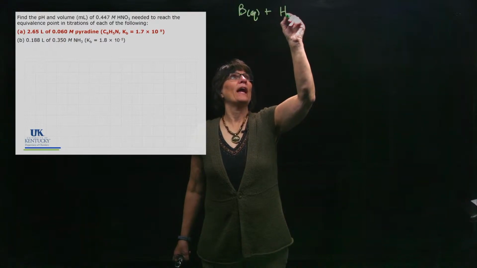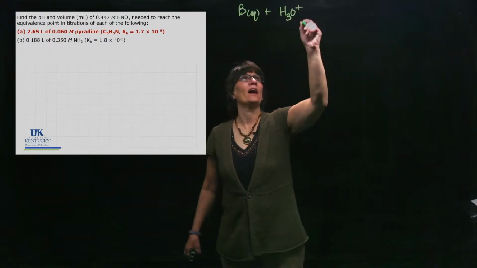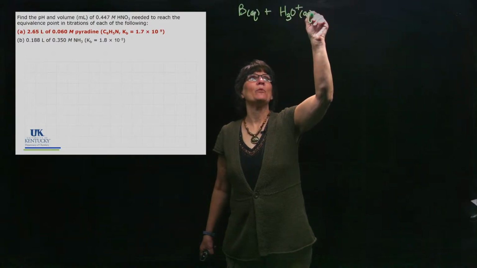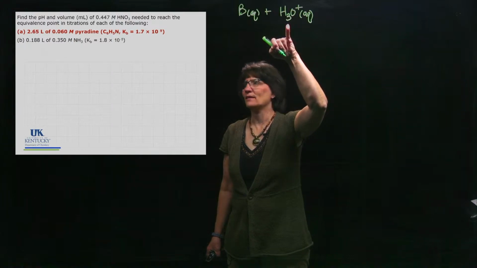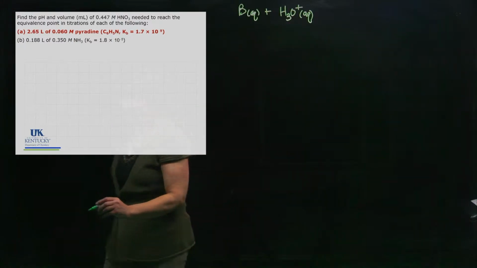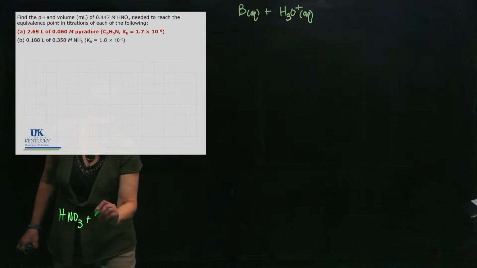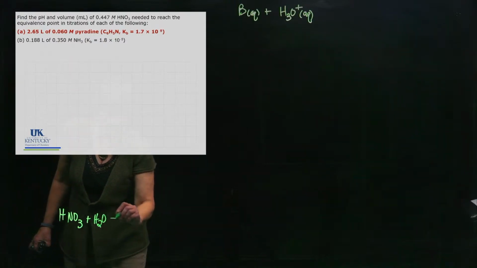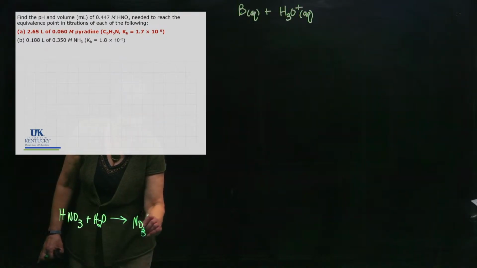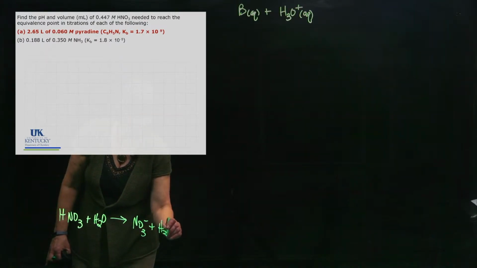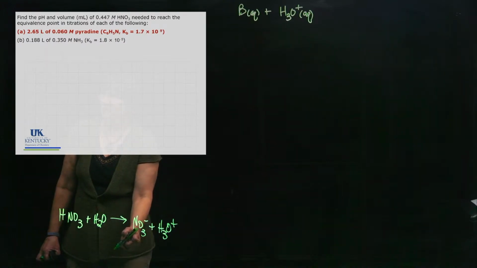Now for the strong acid, I don't write the whole thing because most of it is a spectator ion. Anytime I work a problem with a strong acid, I let this be my strong acid. And down here, I'll tell you why. We know that when HNO3 goes into water, it is a strong acid, so it will 100% donate its H+ ion to the water and turn the water into H3O+. The nitrate is a spectator.